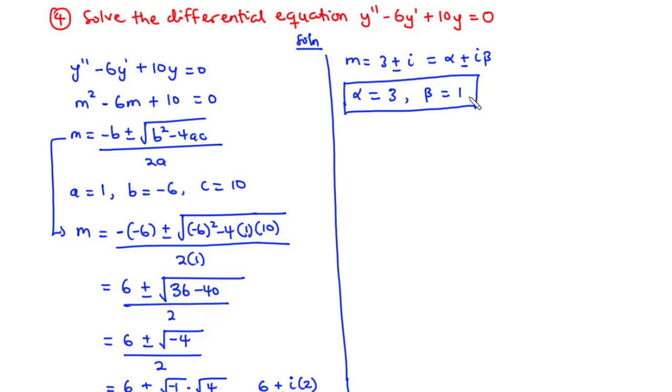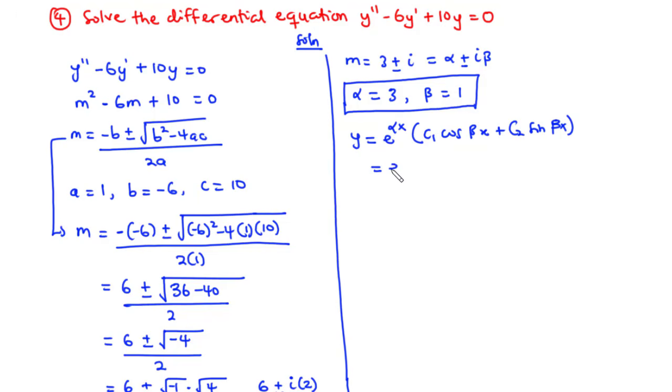Now since we have a complex root, the general solution is given by y equals e to the power alpha x times the bracket c1 cos beta x plus c2 sin beta x. So let's plug in the values of alpha and beta.